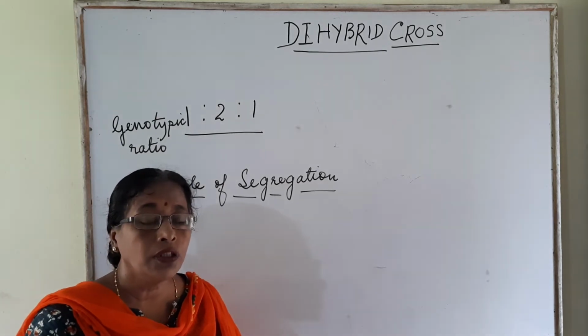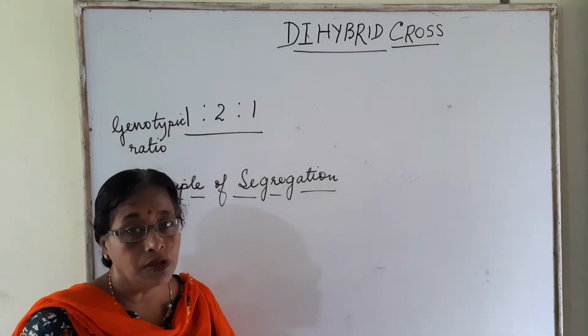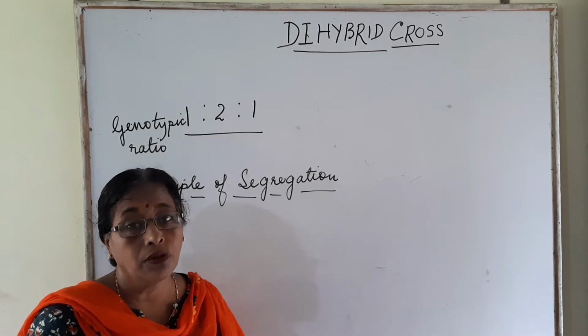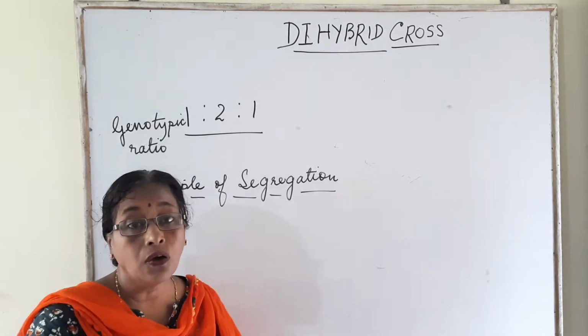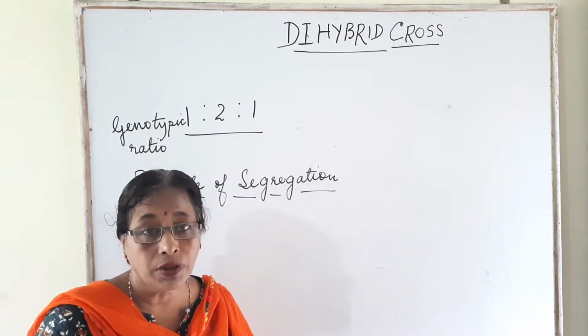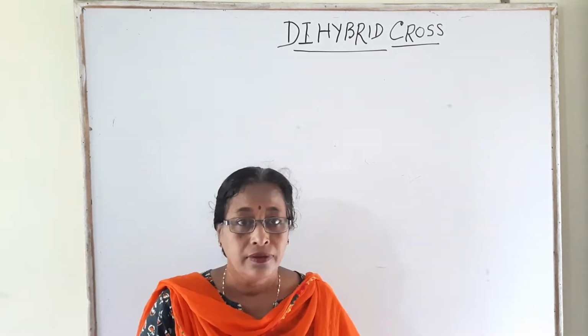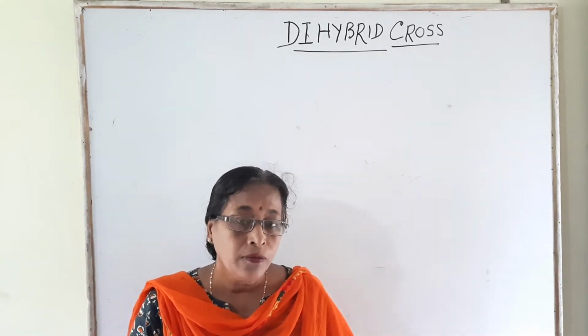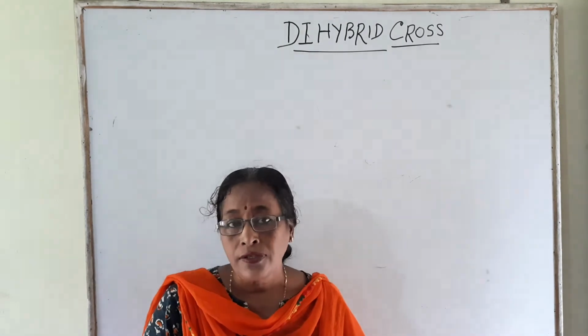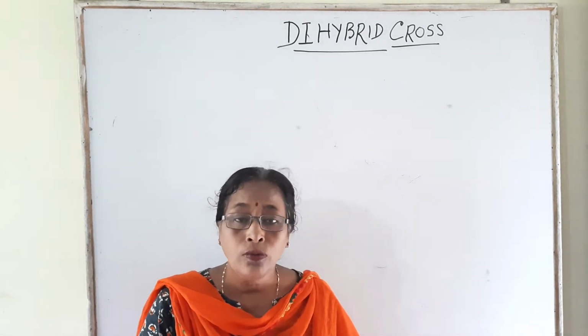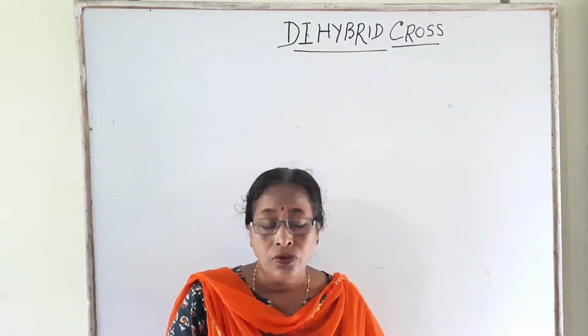Today we are going to learn about the dihybrid cross, which led to the formulation of the third law, that is the law of independent assortment. In a dihybrid cross, Mendel took two contrasting characters in homozygous condition. So let us see.